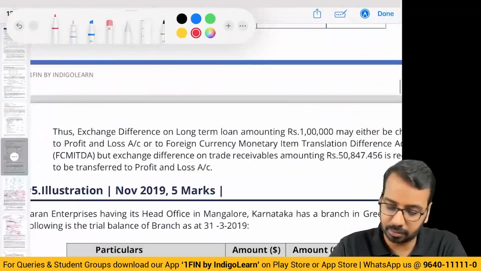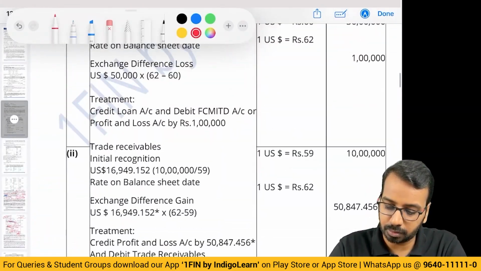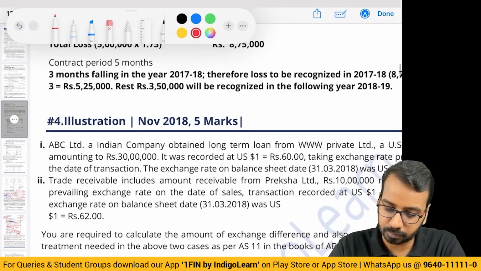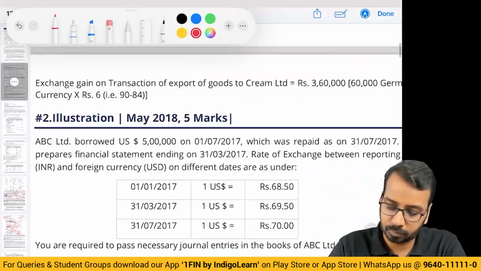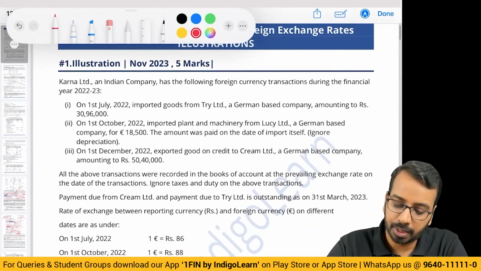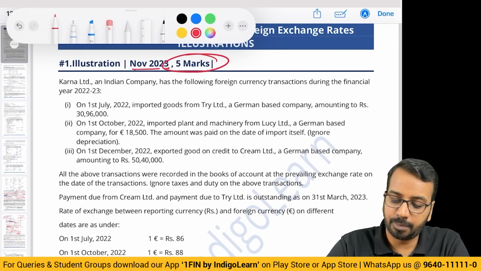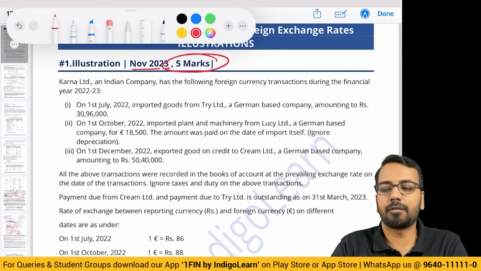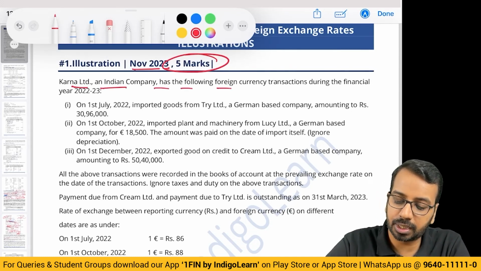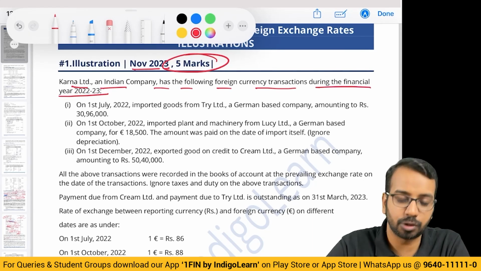Okay. Then number 23, 5 marks. Such a simple question if you see. 5 out of 5 is possible. Okay. Karna Limited, an Indian company, has the following foreign currency transactions during the financial year 22-23.